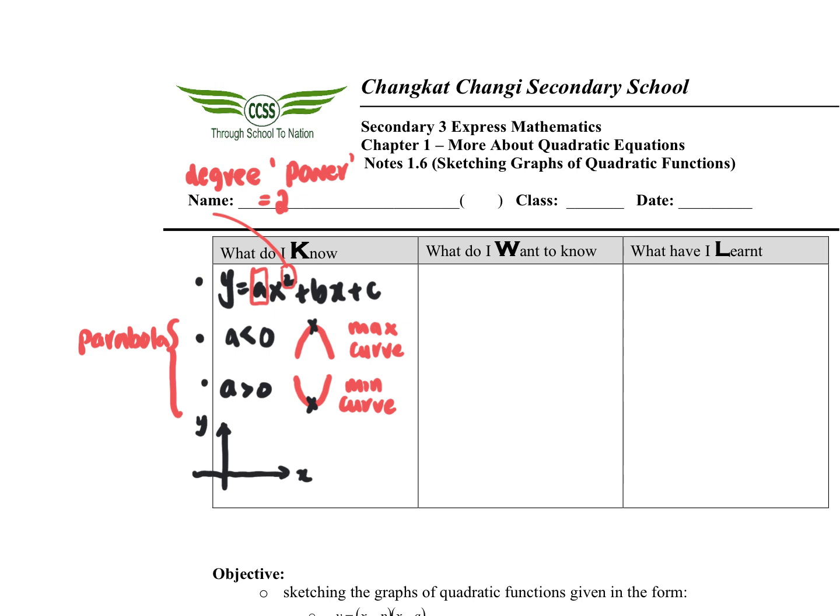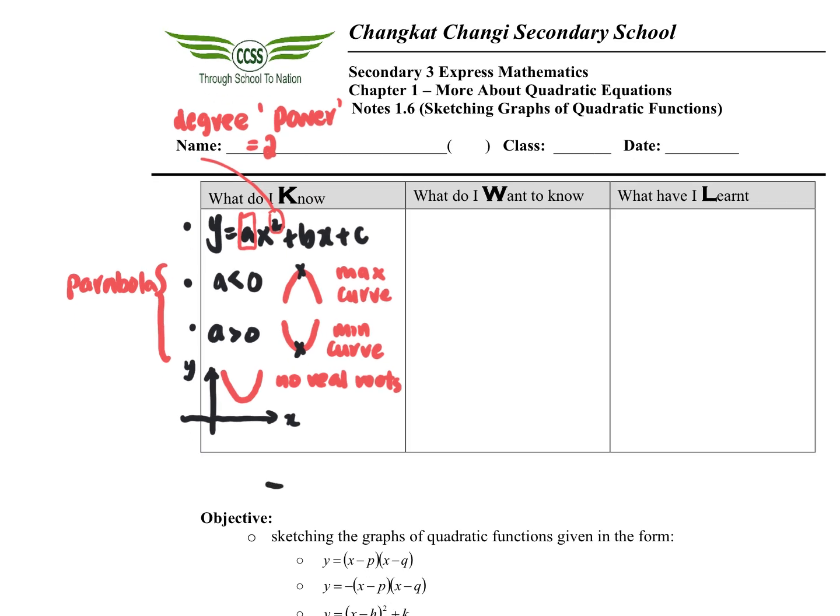There are cases where your curve is above the x-axis and it has no real roots, remember? But there is also an instance where it will cut the x-axis at 2 different points. This is the case where there are 2 real roots because there are 2 intersections, one here, one here.